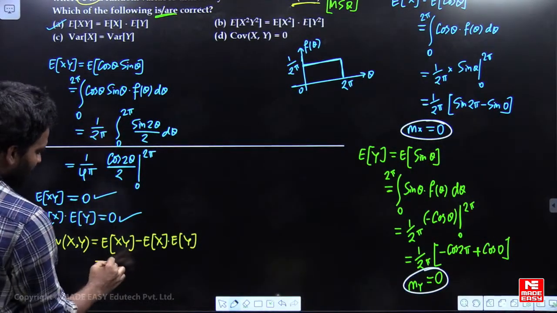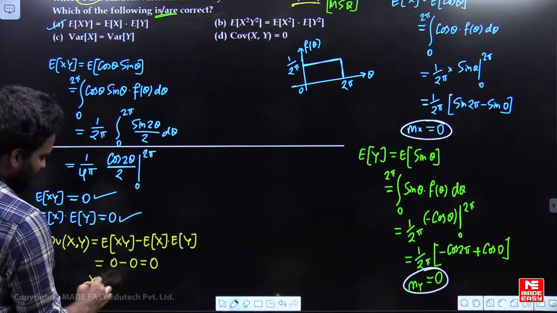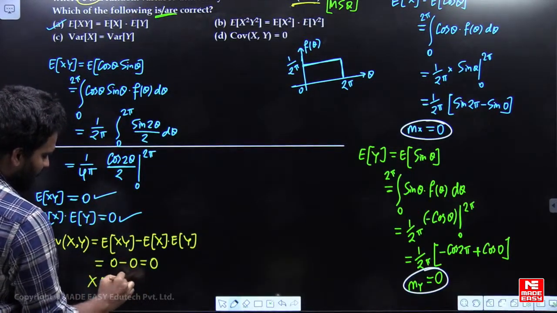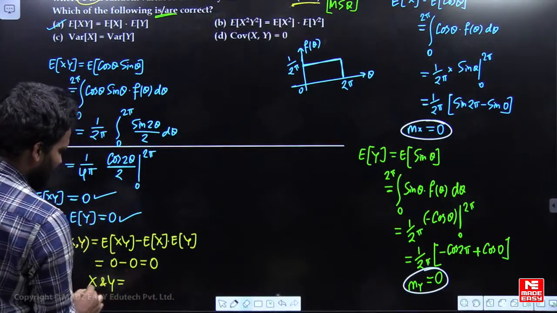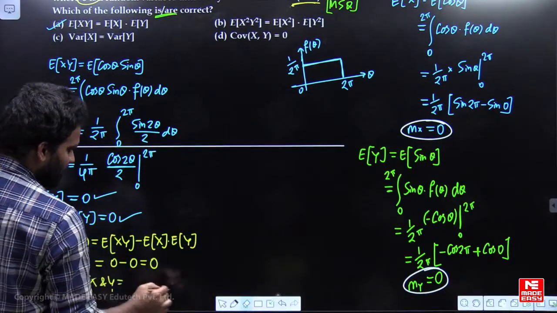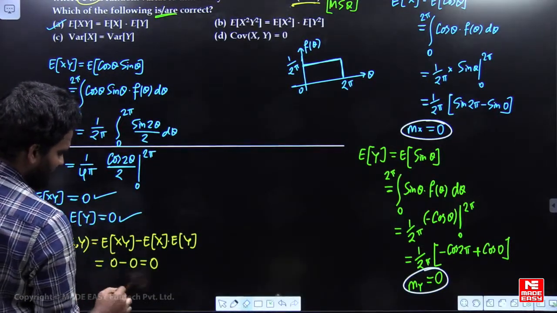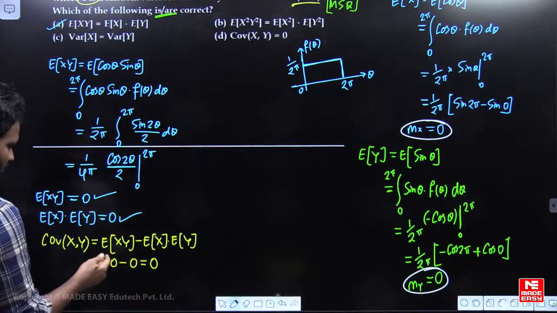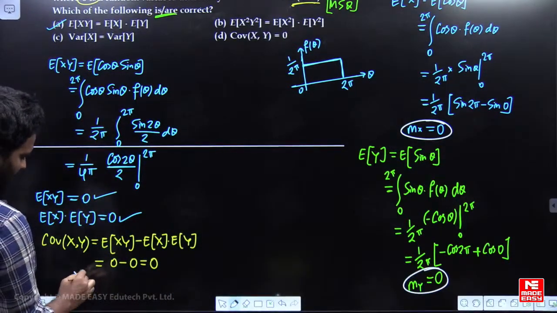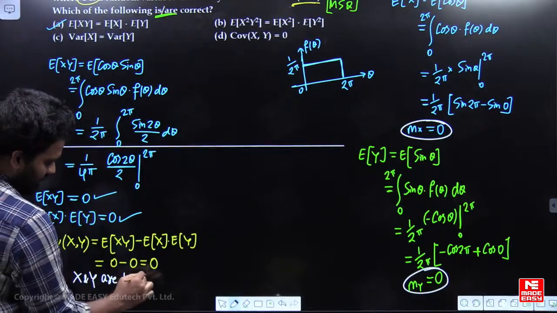So it is 0 minus 0. Covariance is 0. Covariance will give you the measure of correlation between two random variables. Covariance is 0 means there is no correlation between x and y. Even I can say x and y are uncorrelated.